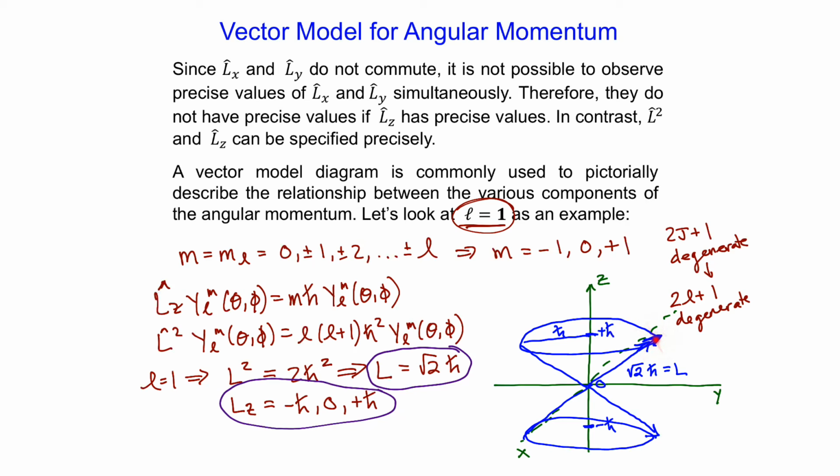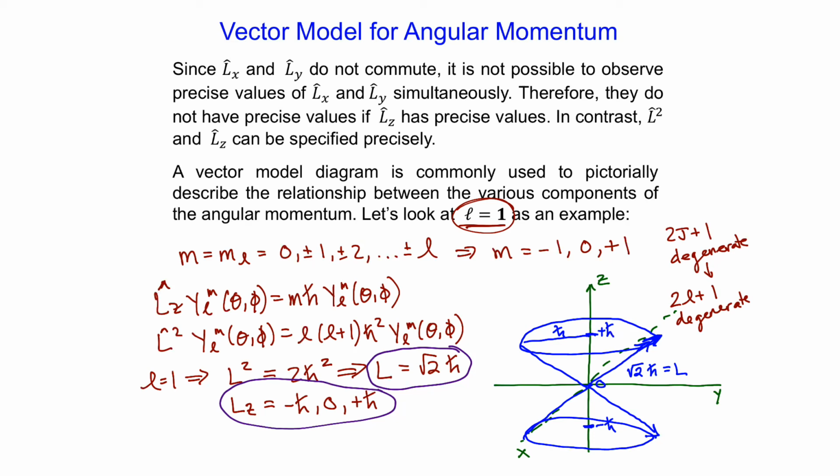But all we can know is one of those three along with our total angular momentum. We've chosen to know the z component, so we know how high this vector is going to be coming up, but then we don't know anything about where we're located in this xy plane. That's where the cone comes from.